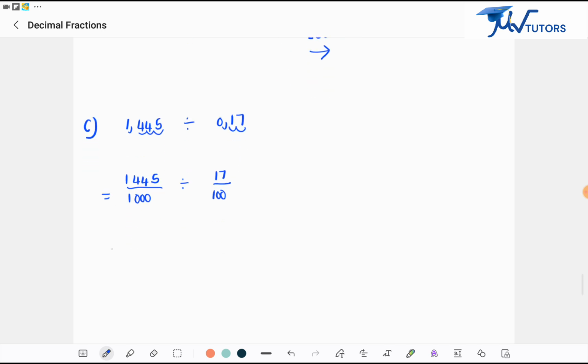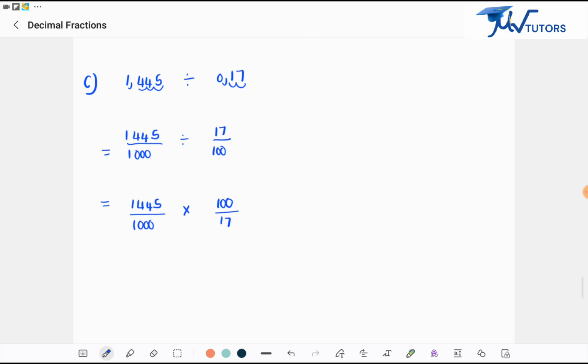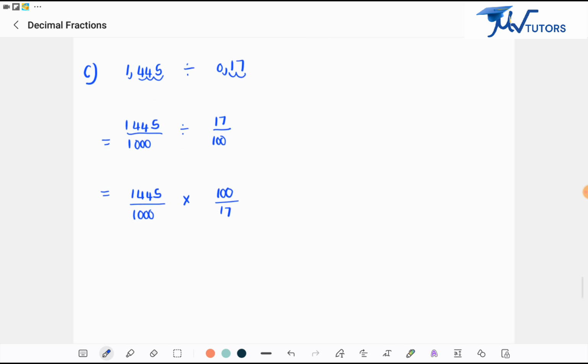So basically, where do we land? So we have 1,445 divided by 1,000, and we're going to multiply it by 100 over 17. Okay, so once we get there, what we're going to do is say 1,445 multiplied by 100 divided by 1,000 multiplied by 17.